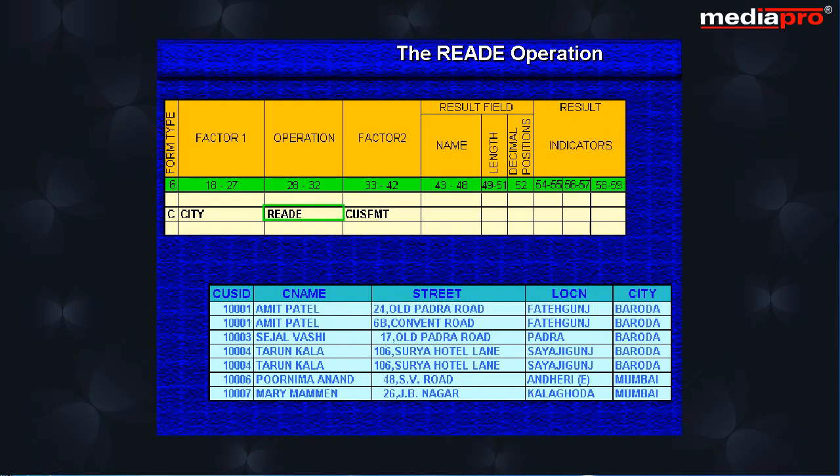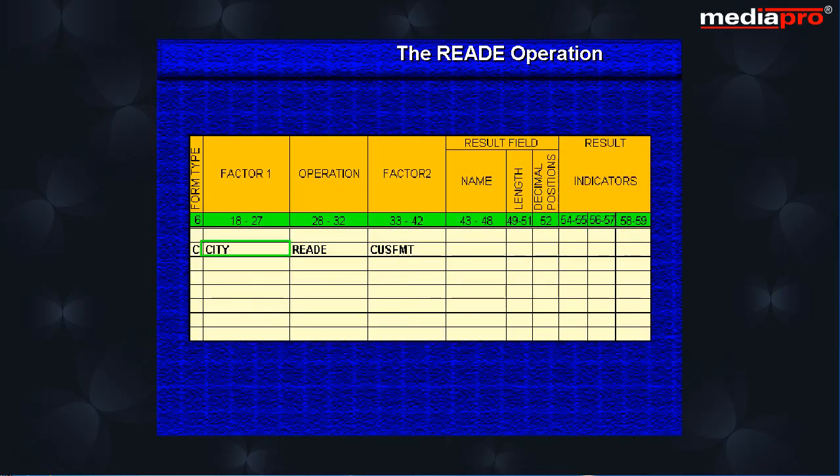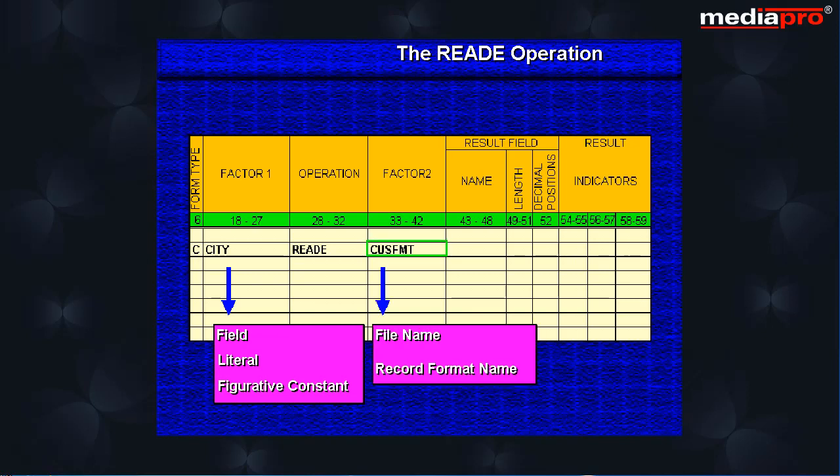The ReadE operation retrieves the next sequential record if the key value of the record matches the entry in factor 1. Factor 1 can be a field, literal, or figurative constant. Factor 2 can be a file name or record format name.